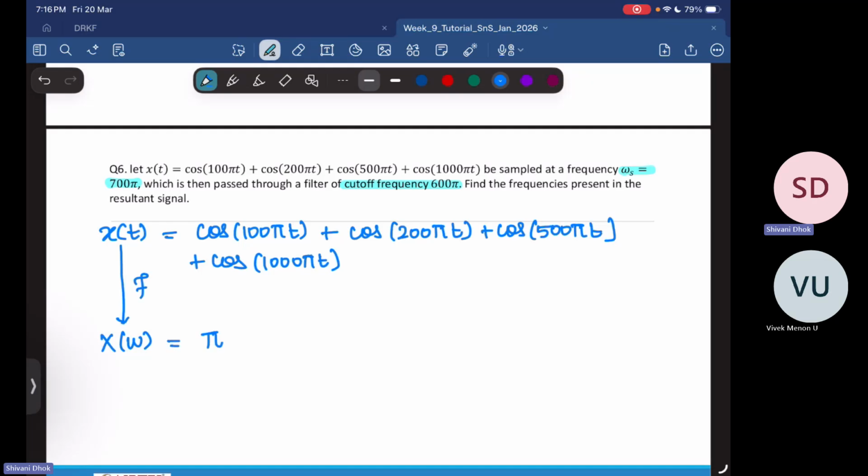are sinusoids, cosines, so we know the Fourier transform will be equal to impulses located at plus minus of the frequencies.